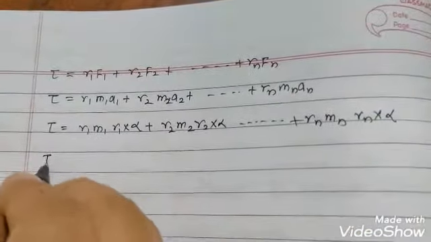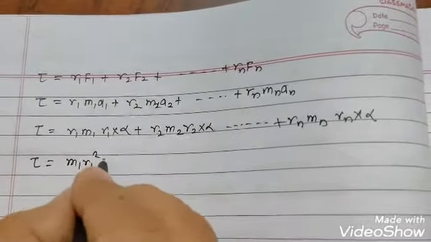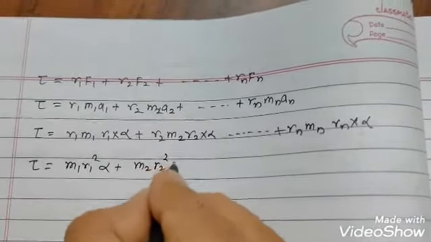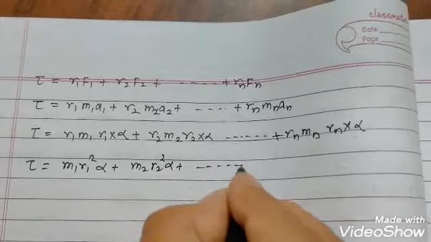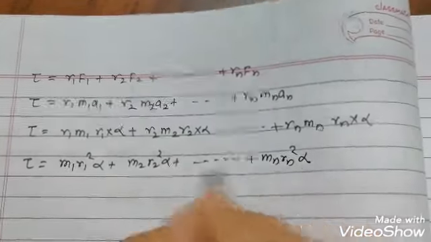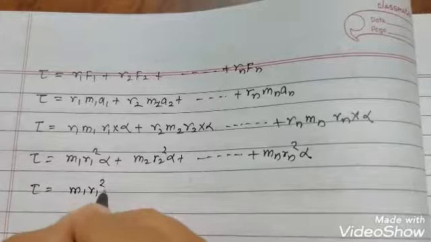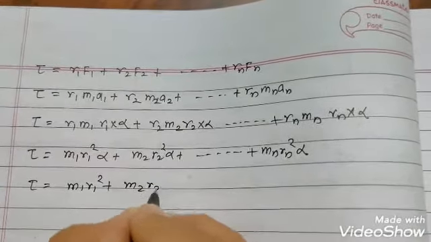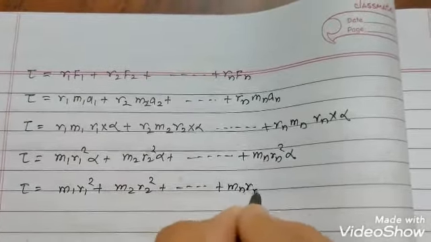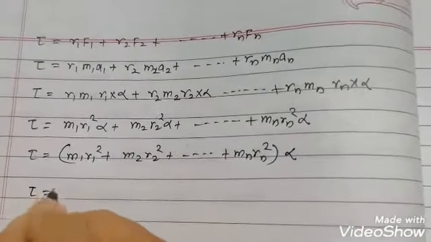Now we'll see tau is equal to what? It is m1 r1 square alpha plus m2 r2 square alpha plus, and so on, plus mn rn square alpha. Now we take alpha as common, so m1 r1 square plus m2 r2 square, and so on till mn rn square, multiplied by alpha.